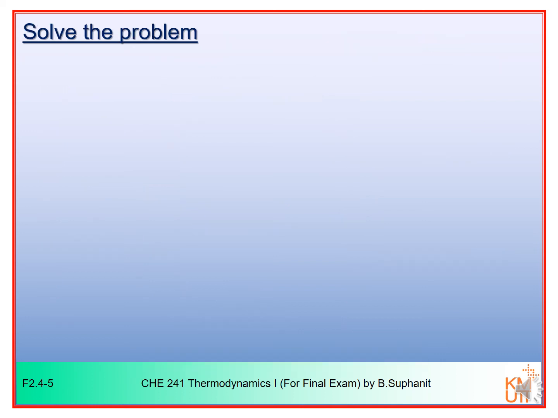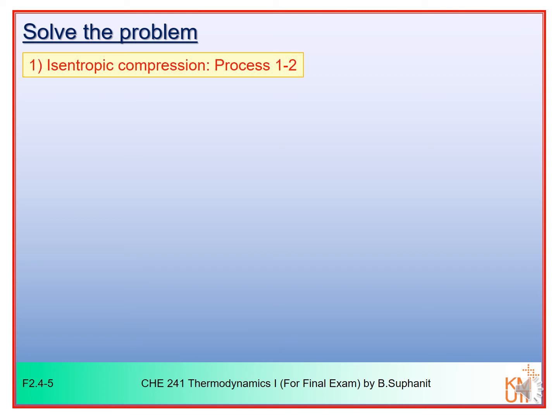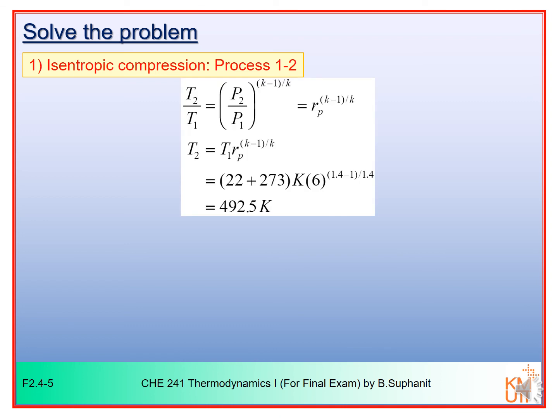Now, to start solving our problem, first of all, we start with the calculation of T2 from the isentropic relationship of process 1-2. By using the isentropic relationship between the temperature ratio and the pressure ratio, we can substitute all known parameters, which are T1, P1, and P2, into the equation to determine T2.